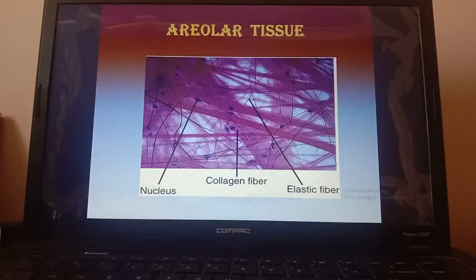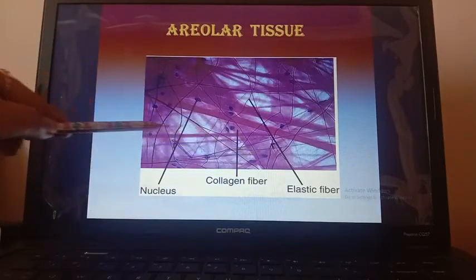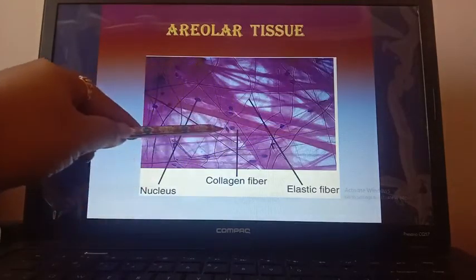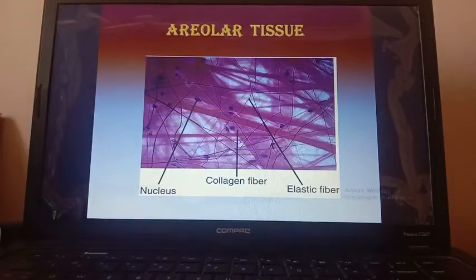Its function is to provide mechanical support, and also it helps in the movement of various organs and tissues. Here you can see the picture of areolar tissue where the nucleus is present. It is mainly made up of collagen fibers. These are the collagen fibers, and elastic fibers are also present.